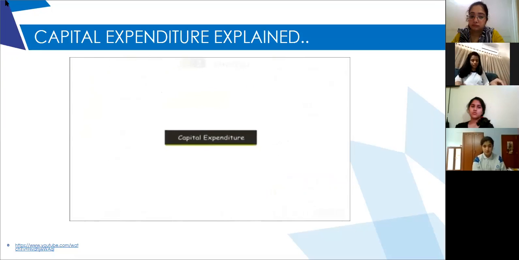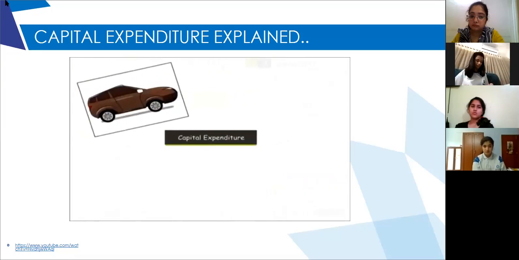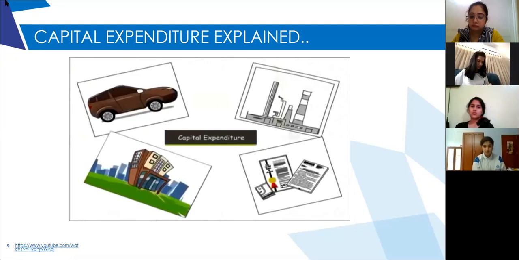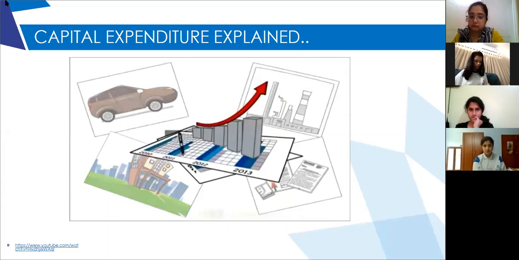For example, investments like a car, a factory, a piece of land, a patent, etc., are capital expenditures of the business. These contribute to the revenue earning capacity of a business for more than one accounting period.